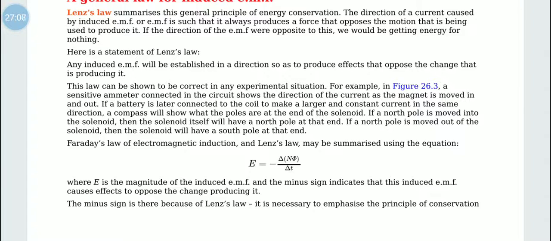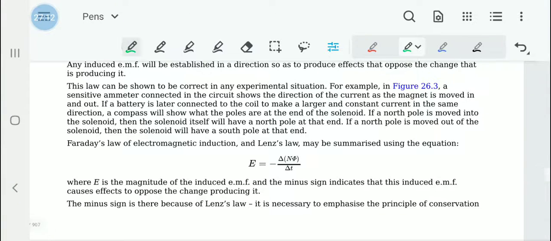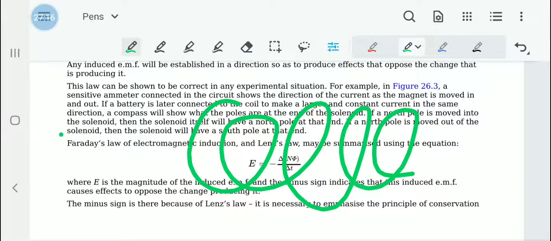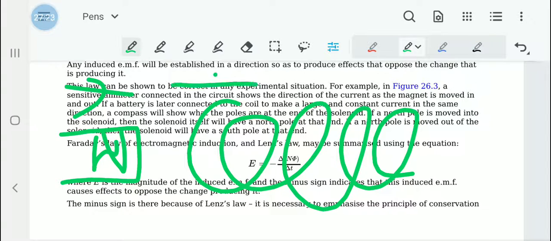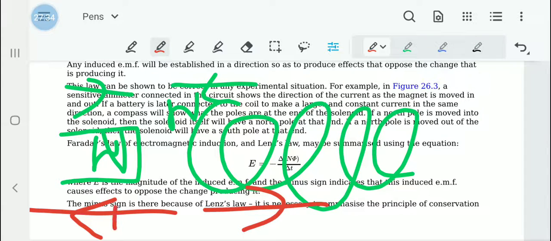So basically what it says is, now there is a solenoid. If we move a north pole in, then this will oppose it by making it a north pole. But if we are pulling it out, then it will oppose it by trying to attract it by making it a south pole. I hope that makes sense.